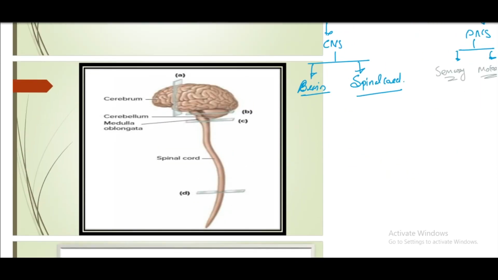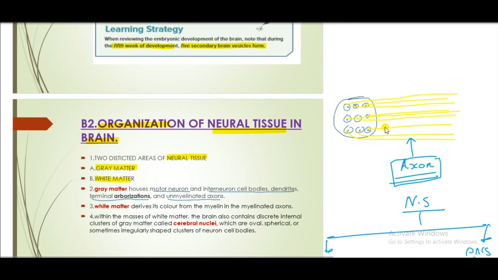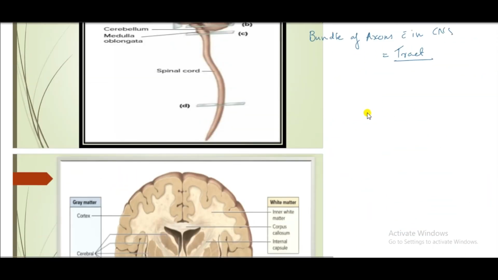And the bundle of axons within the central nervous system is called a tract. Here you can see a bundle of axons.